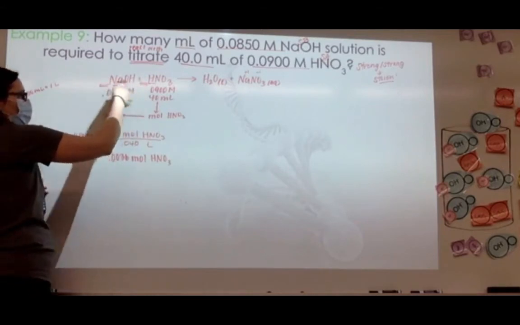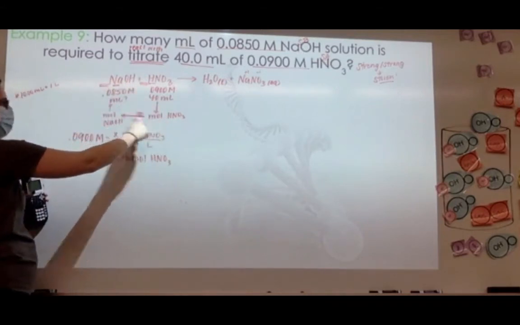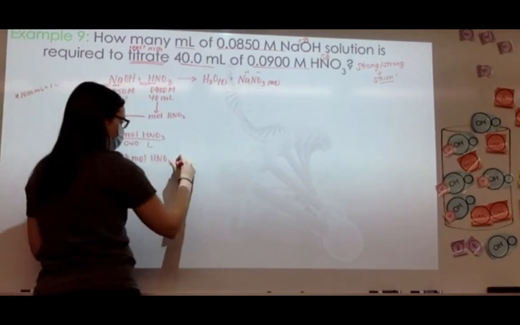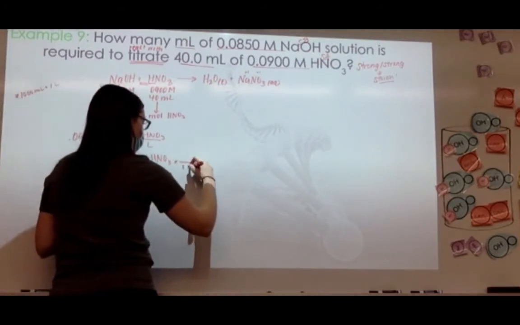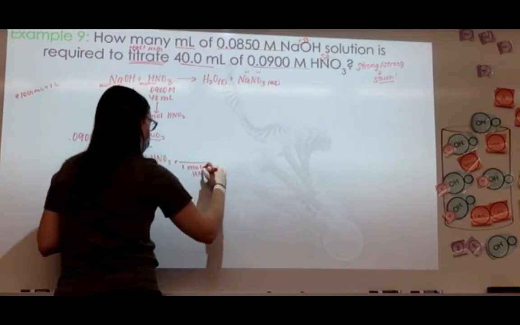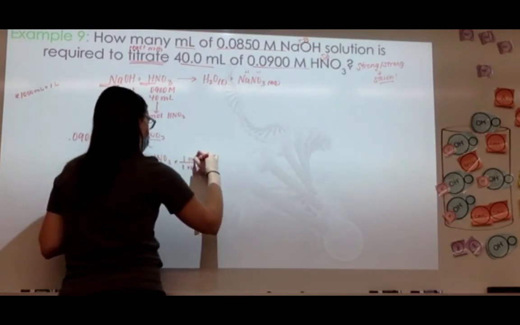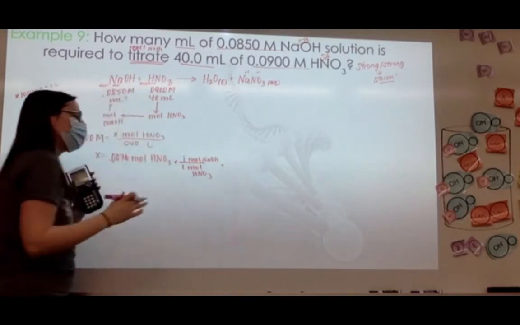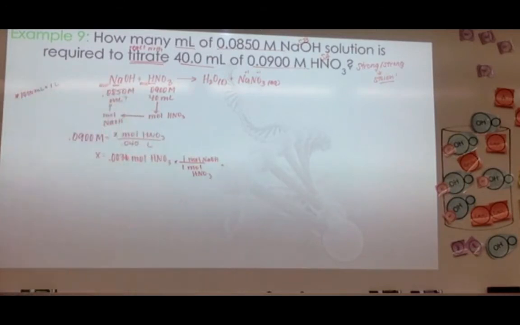Now this is where my mole ratio comes in. Once I have moles of HNO3, I can figure out NaOH from the mole ratio. For every 1 mole of HNO3, we need 1 mole of NaOH. I know it's a 1-to-1 mole ratio.